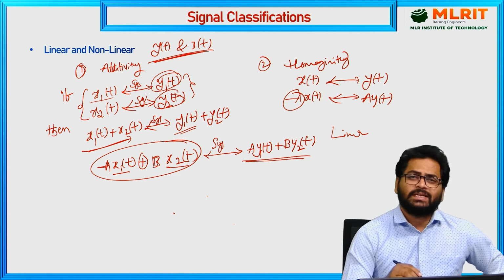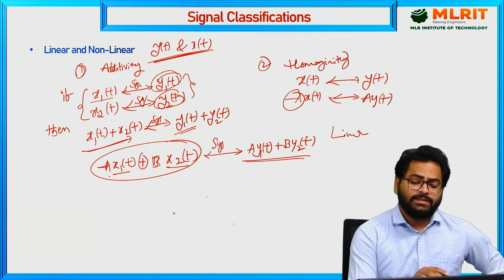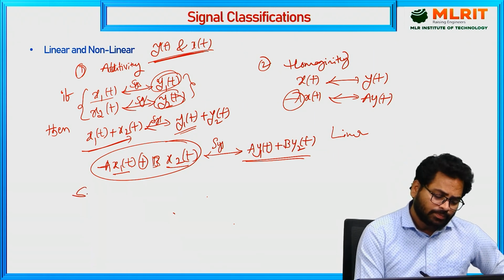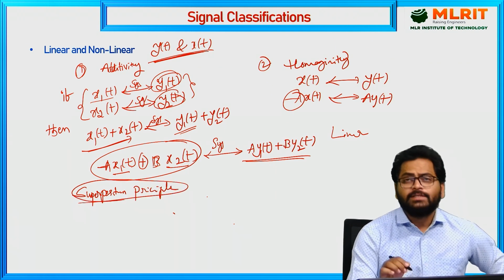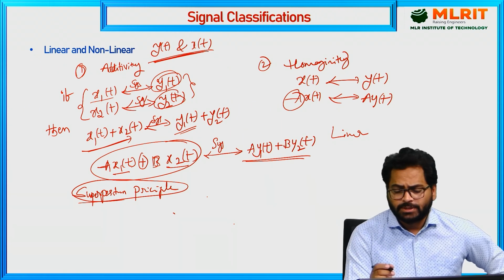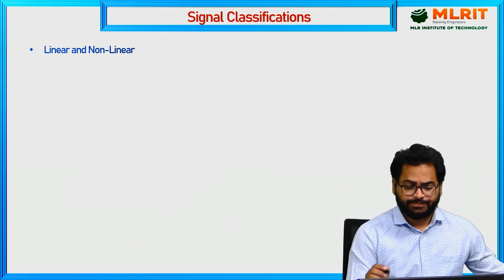So what is the title for this? Individually we say additivity and homogeneity; by combining additivity and homogeneity, we call it the superposition principle. If any system satisfies the superposition principle, then we call it a linear system. Is it clear?